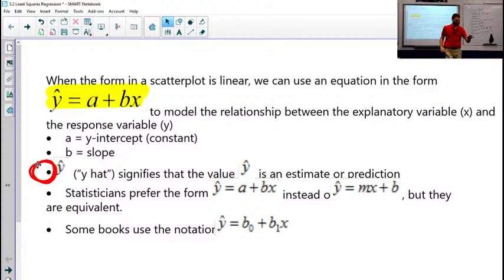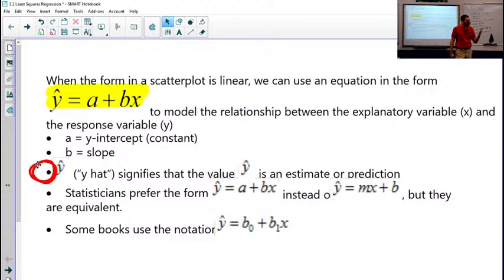You might have also heard the least squares regression line called a line of best fit. And so when we see y hat, that means that we're making a prediction based on plugging in for x into this equation, as opposed to actually collecting the data and getting whatever y values we get from the data.